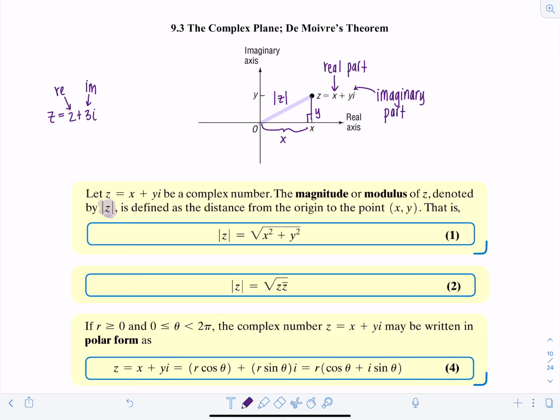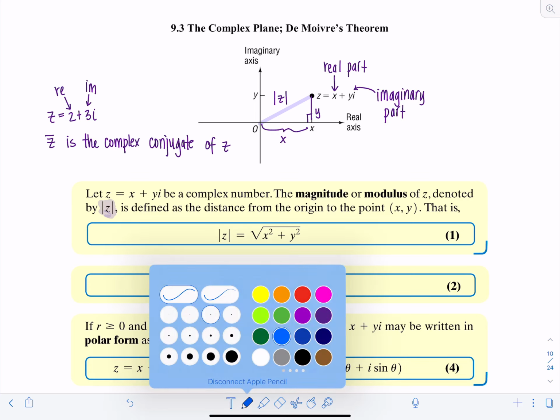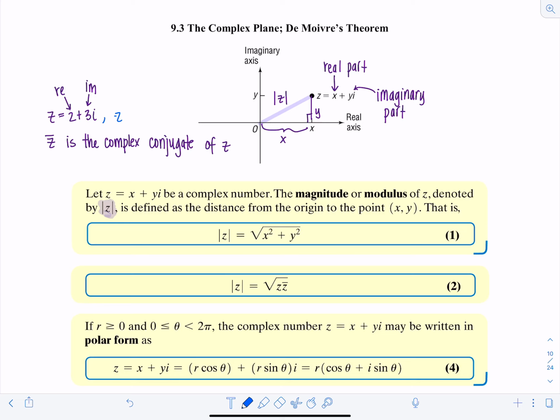We have another way to find the modulus of it, and it involves a complex conjugate. So z bar, that little bar on the top, is the complex conjugate of z. So for example, since z is 2 plus 3i, then that means z bar would be 2 minus 3i.